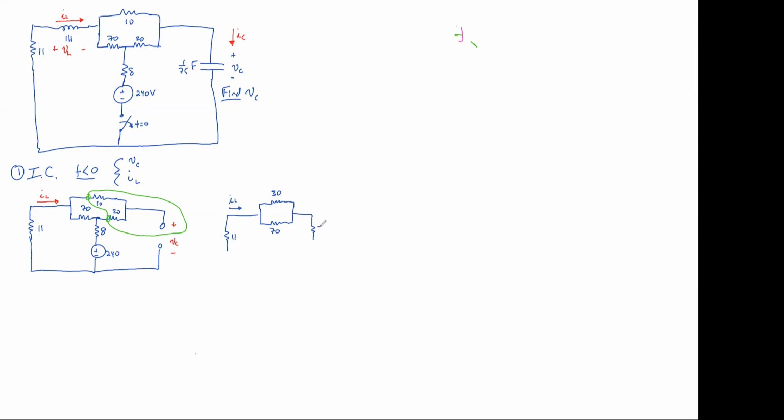And then we'll have an 8 and a big 240 volt source. And now given that, John, just tell me by inspection, what is your I sub L for this? Just read it out for me.